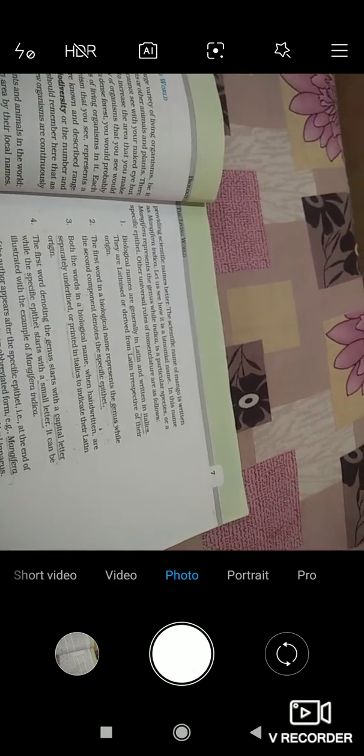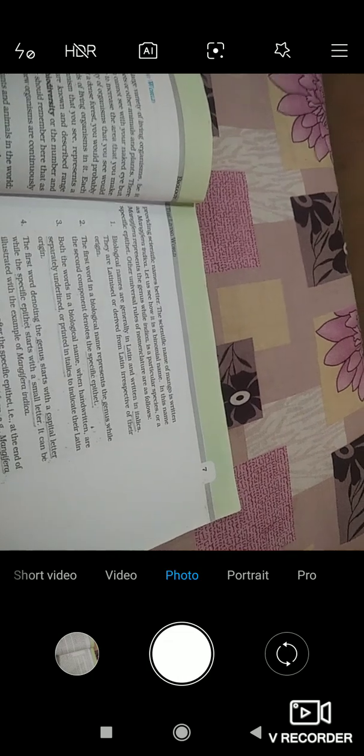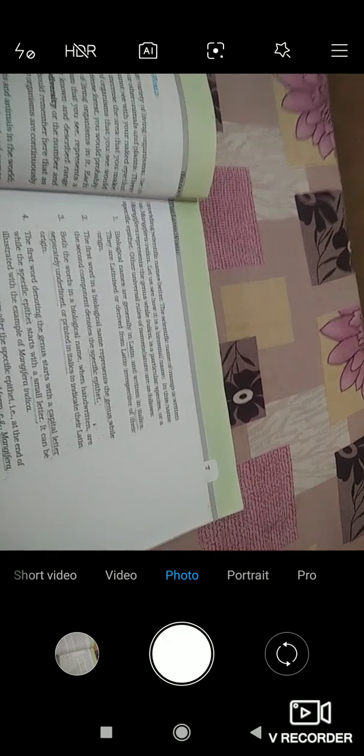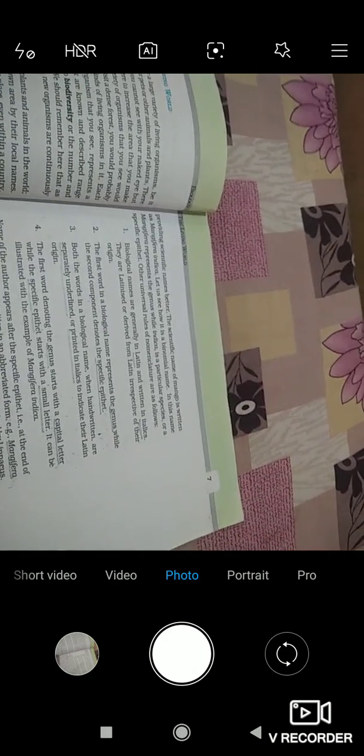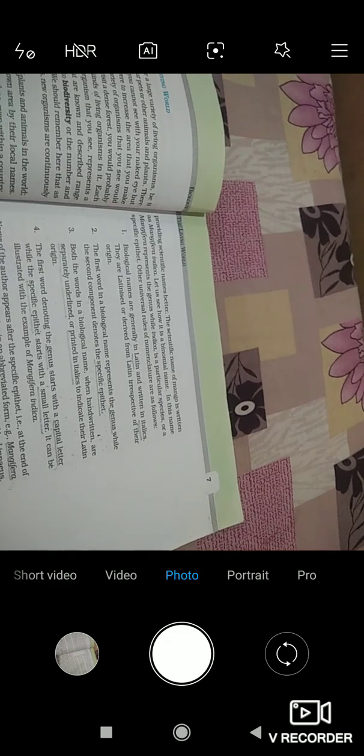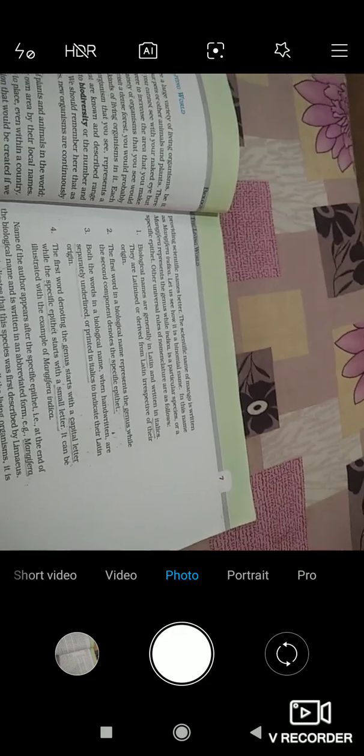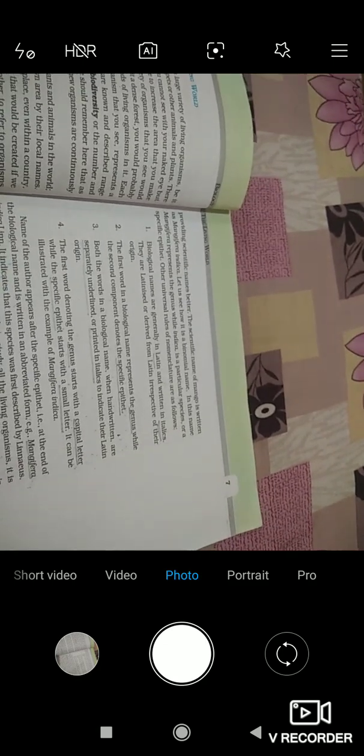First word is underlined and the second word is underlined, not together, they are underlined separately. Such as Mangifera indica. Mangifera will be underlined first, and then after a few spaces the indica will be underlined. In this manner the biological names are underlined when handwritten, and when they are printed in computer they are printed in italic style. Okay, so let's see the fourth point, what it is telling.